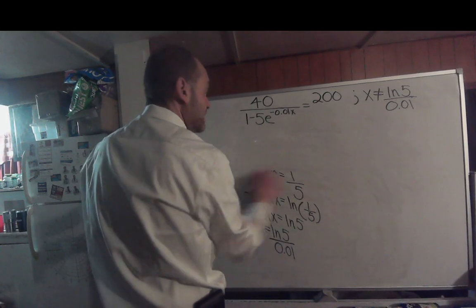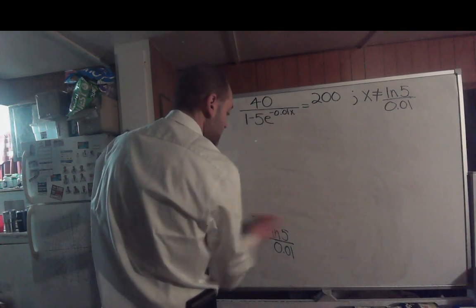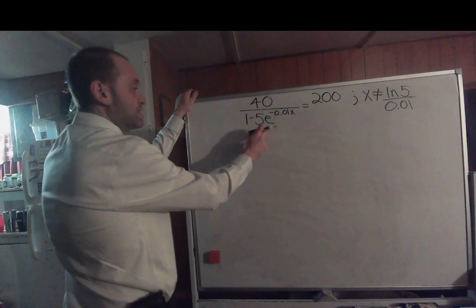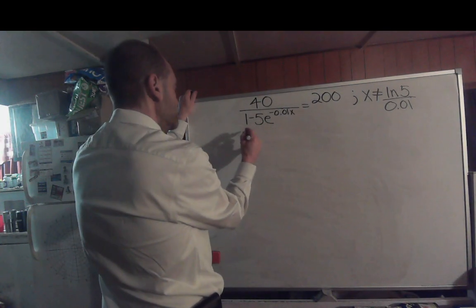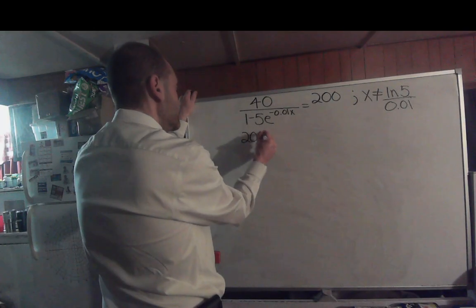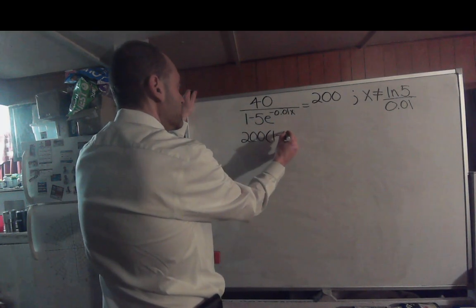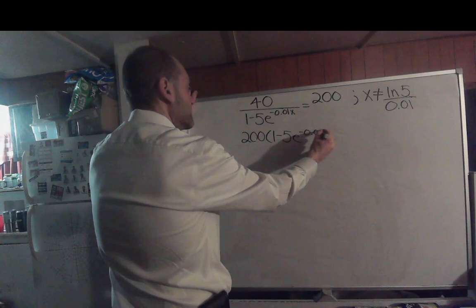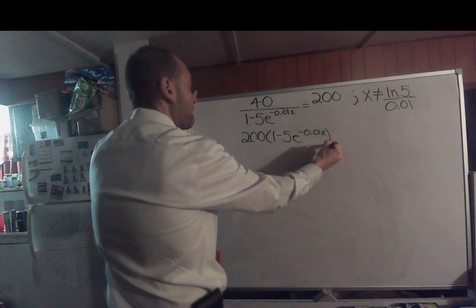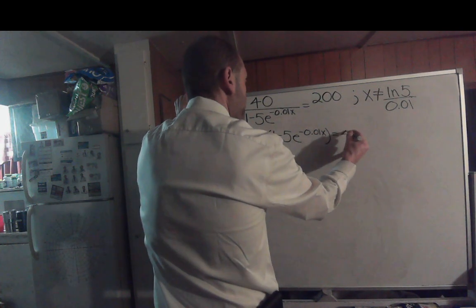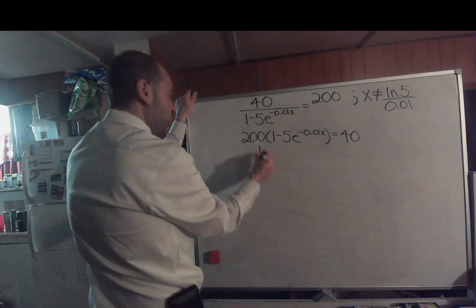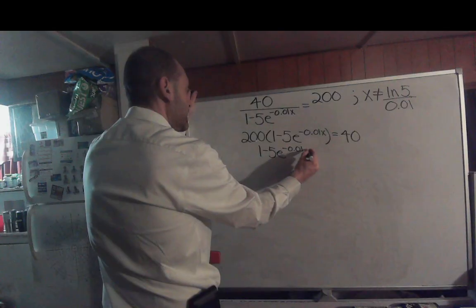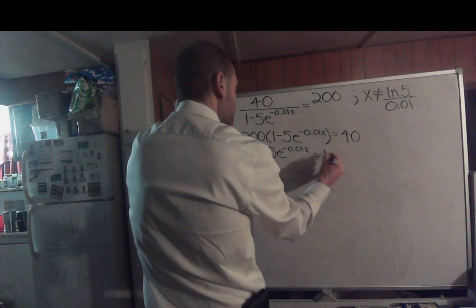Now the real work begins of solving this. So to solve this, you want to get this expression out of the denominator. This would end up becoming 200 times the quantity of 1 minus 5e to the negative 0.01x equals 40, which would turn into 1 minus 5e to the negative 0.01x equals 1/5.